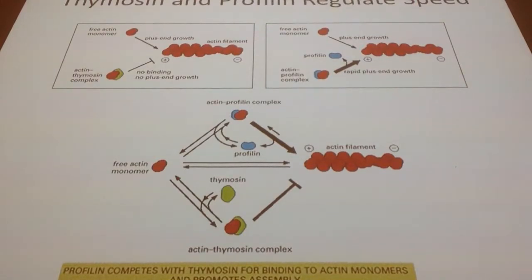One is thymosin, and one is profilin. An ATP-bound G-actin can be used for polymerization and will be used for polymerization. However, if that ATP-bound G-actin were also bound by a molecule of profilin, then the rate of microfilament assembly is greatly increased.